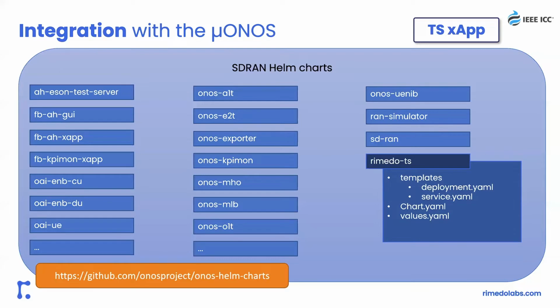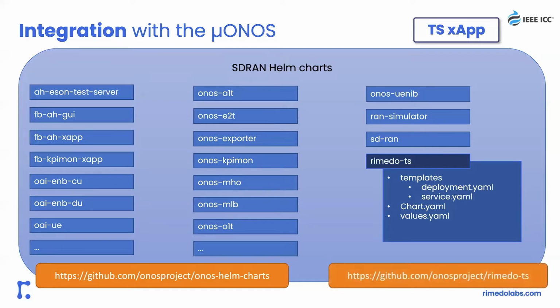So in this repository, you can find the method how to deploy this xApp inside a Kubernetes cluster using Helm. But if you are more interested in what is inside this application, you can find also a repository with code of the whole application.